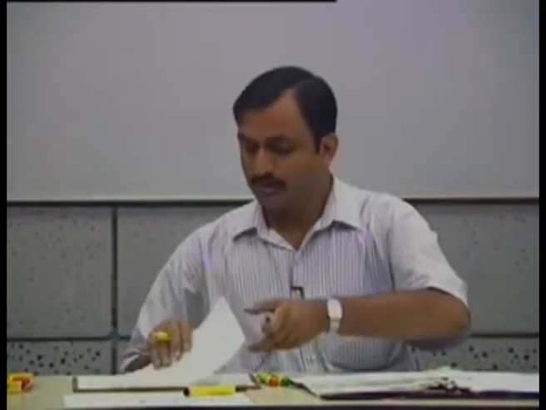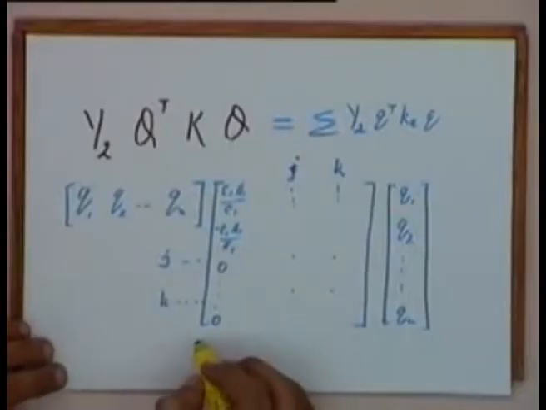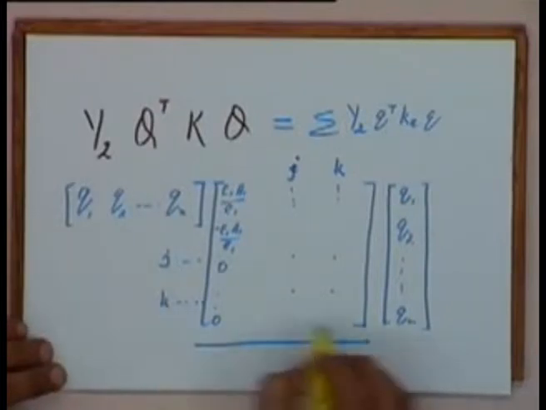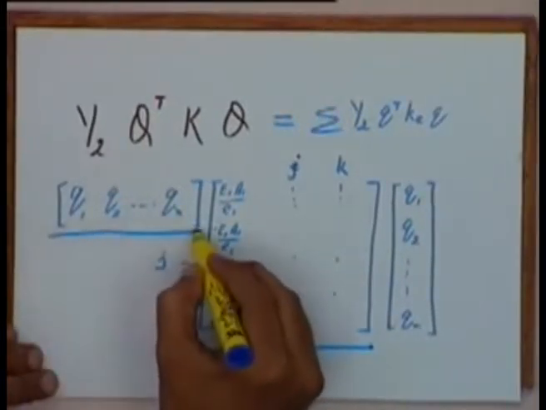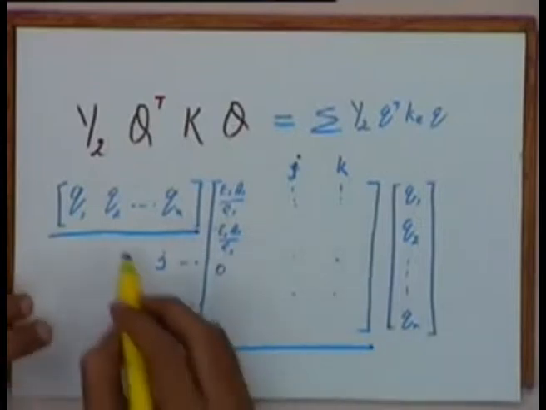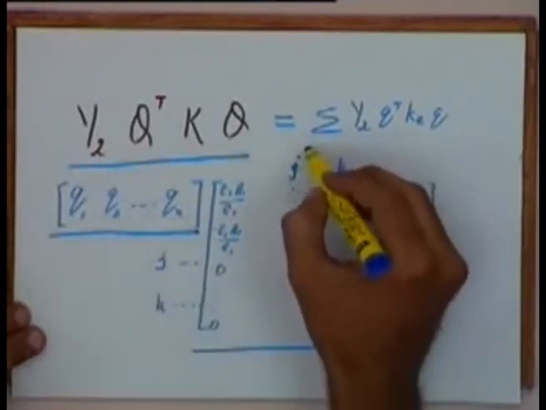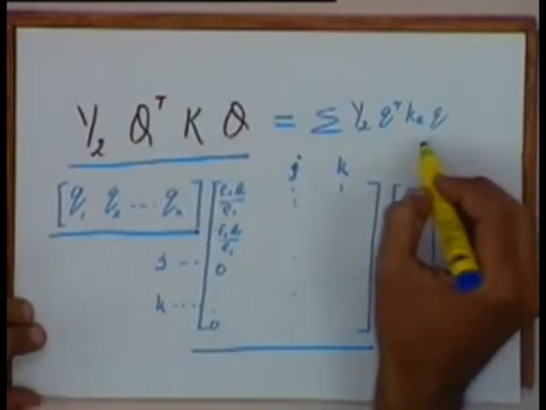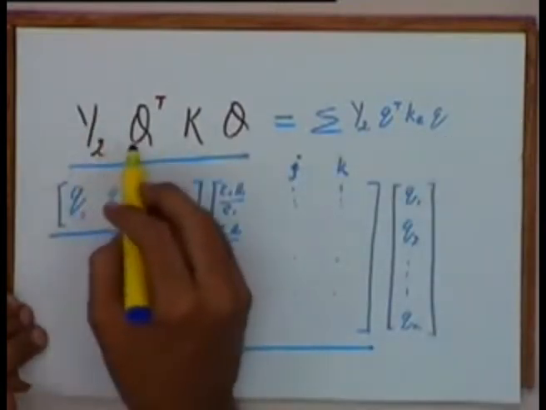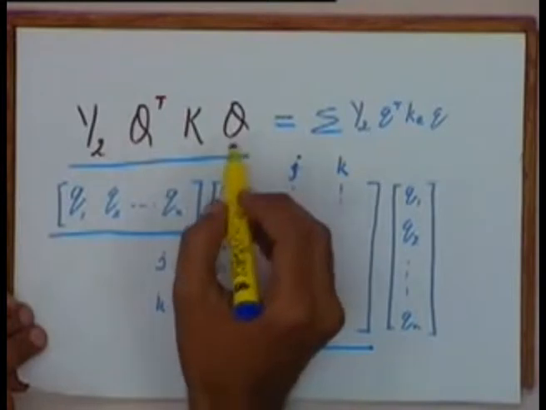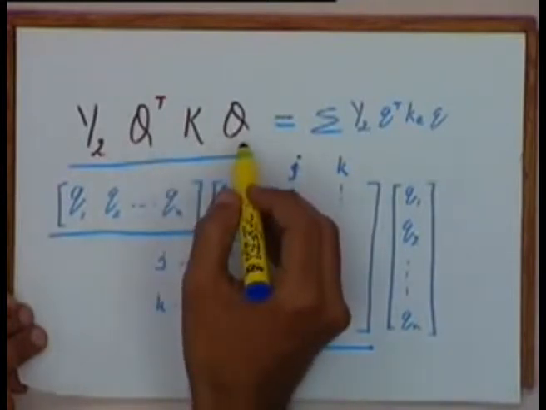So this way, if I assemble my global stiffness matrix and I define my global deformation matrix, I will get this expression instead of this summation. This summation is equivalent to saying half of q transpose k q, where k and q are the global matrices.